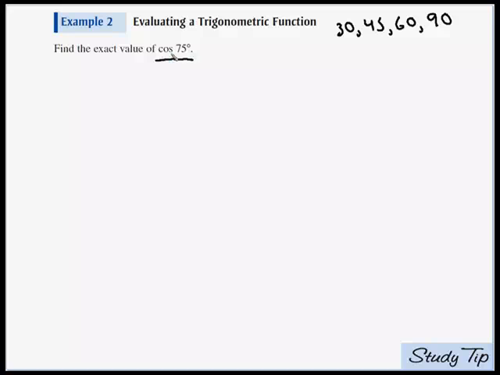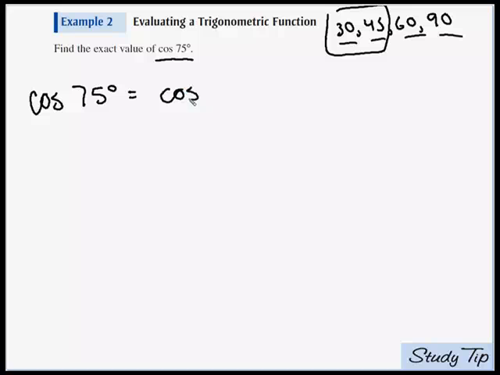How can we break 75 up into either a sum or a difference of two of these numbers? Well, 75 is 30 and 45 added together. So the cos of 75 degrees is the same thing as the cos of 30 degrees plus 45 degrees.